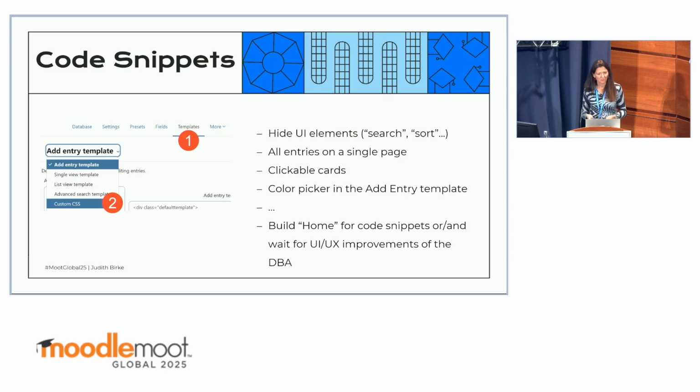But this is quite some work, as you can imagine. And I haven't been able to build a home for those code snippets yet, but I'm planning to do so. Or I'll just wait for other Moodlers to do so, or I'll wait till Moodle Core offers more presets and a better interface.